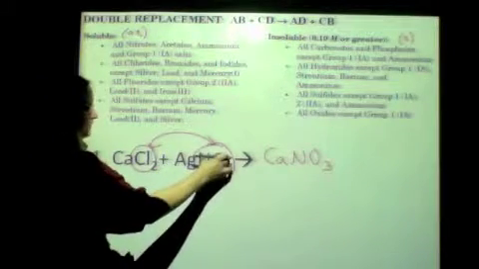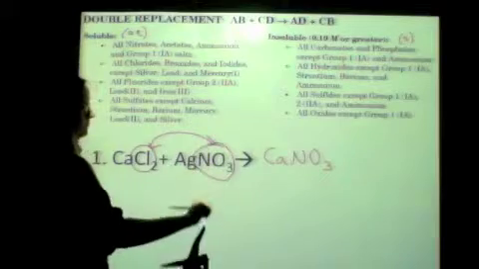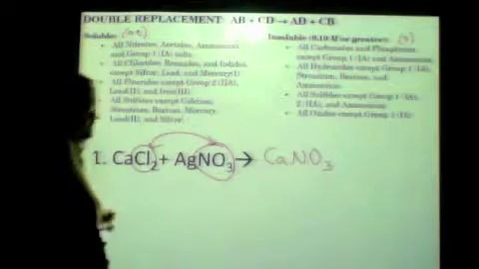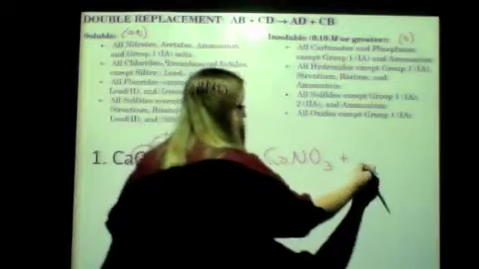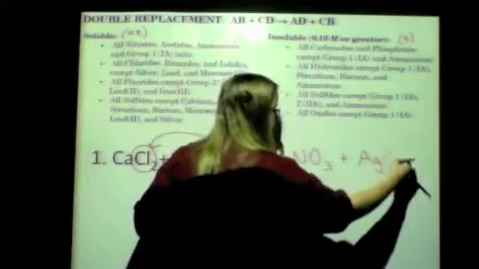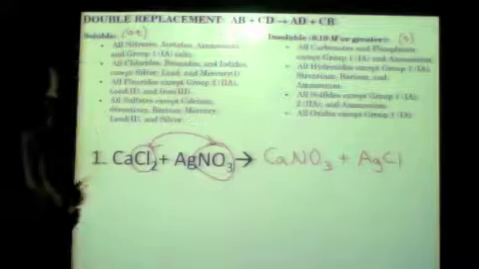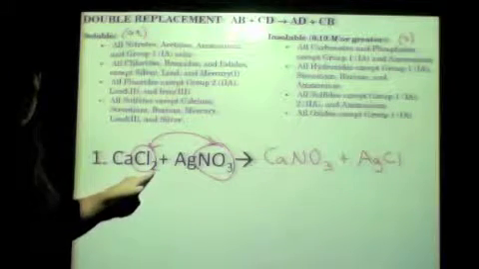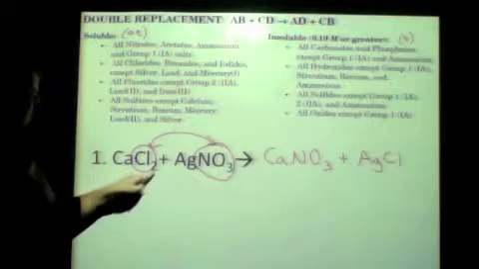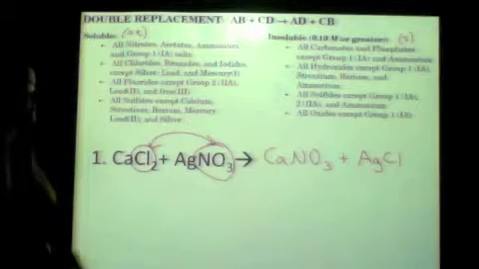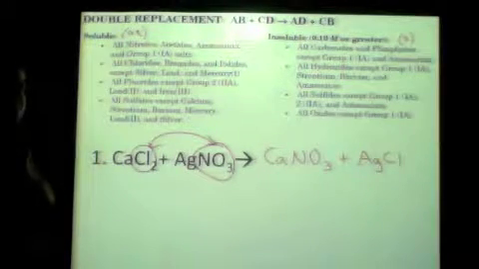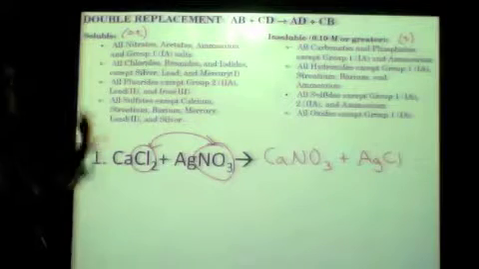Okay, any subscripts that are a part of that specific polyatomic comes with it. Then plus AgCl. Now I'm not bringing this 2 over because it's not a part of a polyatomic and you do not bring over subscripts. Okay, step 1, done.